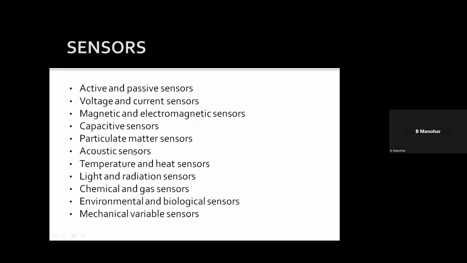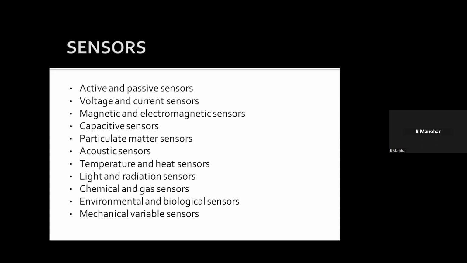And particulate matter sensors. We have to discuss these particulate matter. Particulate matter is nothing but small particles or droplets that are there in the air that we are inhaling every day. Some sensors are designed to detect this particulate matter, and it can be measured in terms of micrometers.